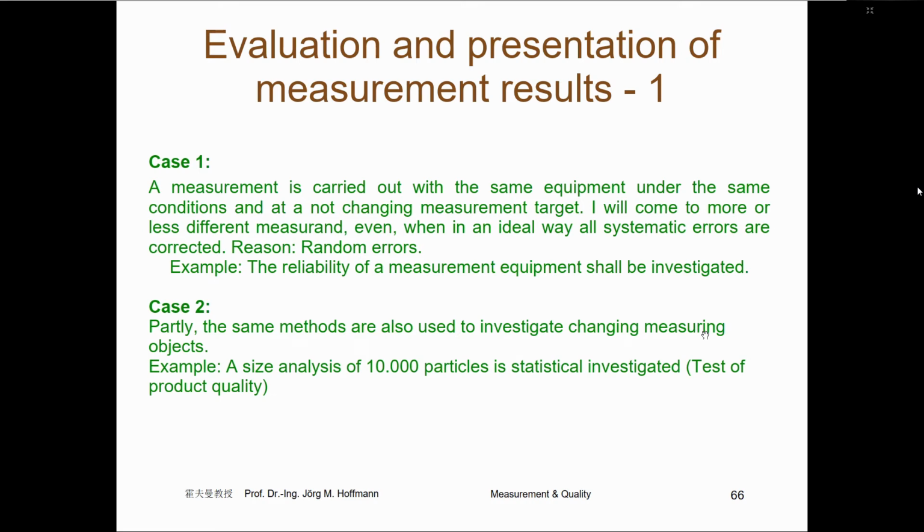And we have two cases. The first case is a measurement is carried out with the same equipment, with the same measurement devices, under the same conditions, and at not changing measurement target. That means everything is constant. And it will come to more or less different measurements, even when in an ideal way, all systematic errors are corrected.